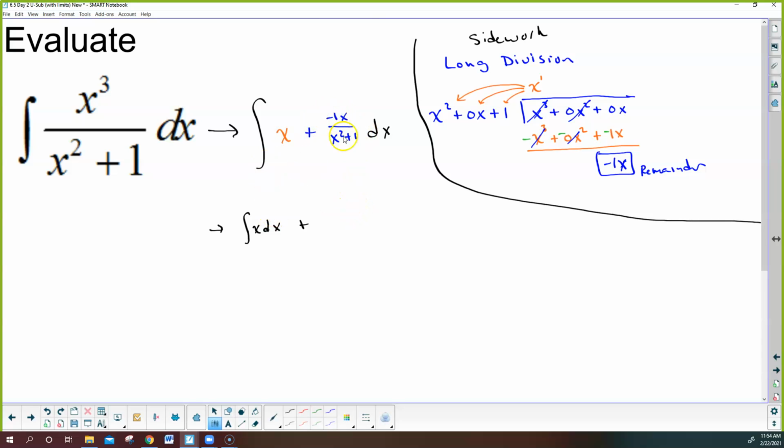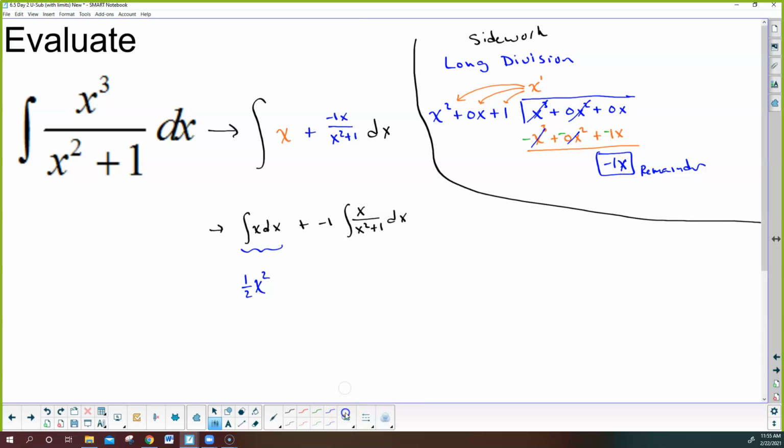I don't love this -1 right here, so I'm going to pull that -1 out front and just leave it with an x over x squared plus 1. And then this one's very friendly. Whose derivative gives me x? It would have to be 1/2 x squared.